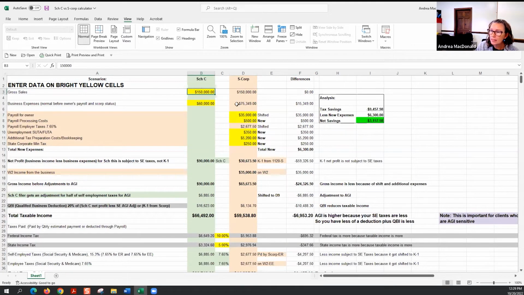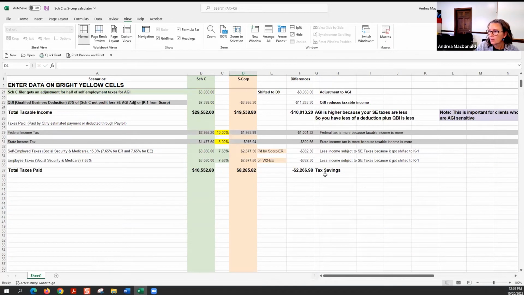But where I see most of the mistakes are businesses that are $100,000 or less. They're still going to enjoy some tax savings, but is it really worth all of the extra work, the compliance, the coordinating with a bookkeeper, all that stuff for a $2,300 a year tax savings?